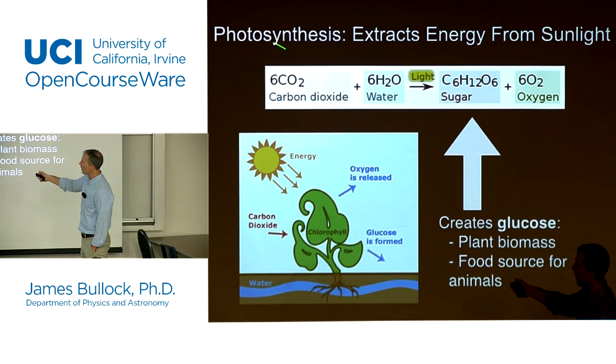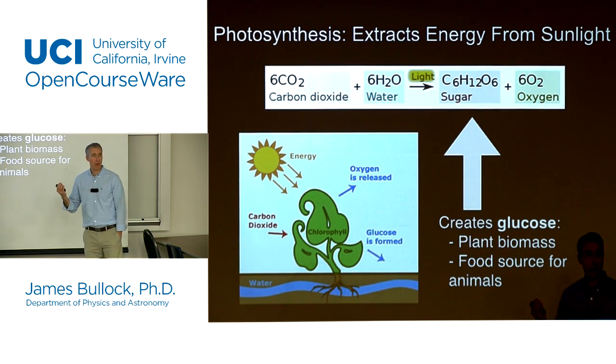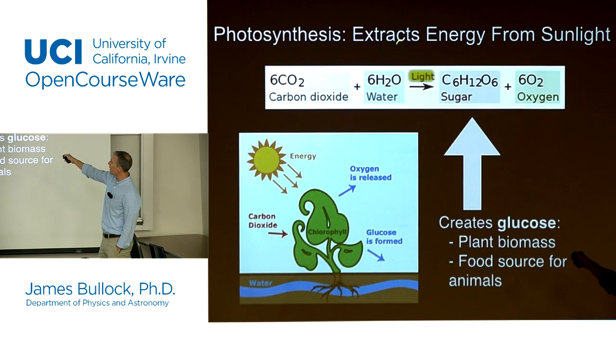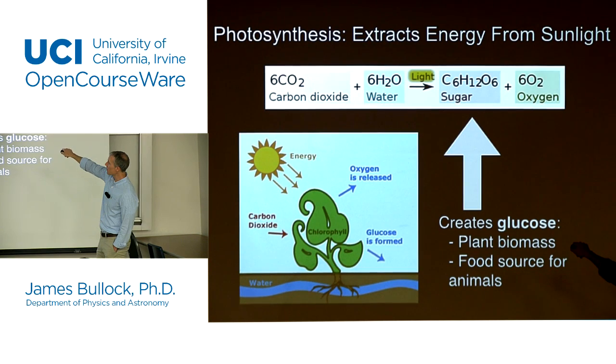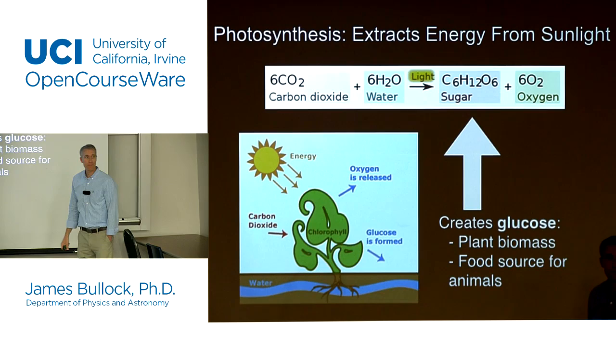But basically plants take the carbon dioxide out of the atmosphere, combine that with water, which they might just get from the ground, and then they use the energy of sunlight to break these bonds apart and create something new: glucose, plus a waste product, which is oxygen. If you add up all the different kinds of atoms, 6 carbon dioxide molecules and 6 water molecules produce 1 glucose molecule and 6 oxygen molecules as waste.